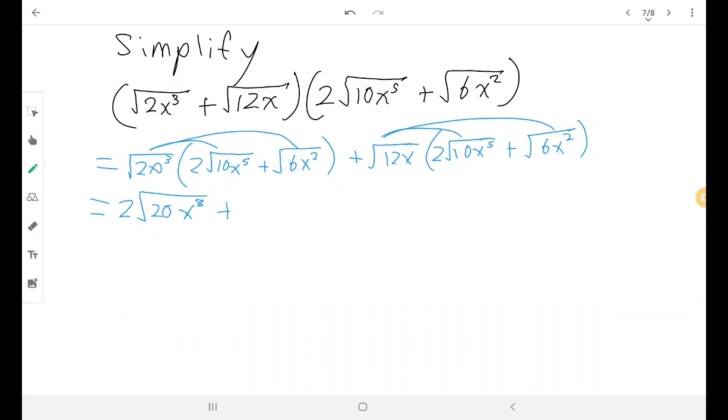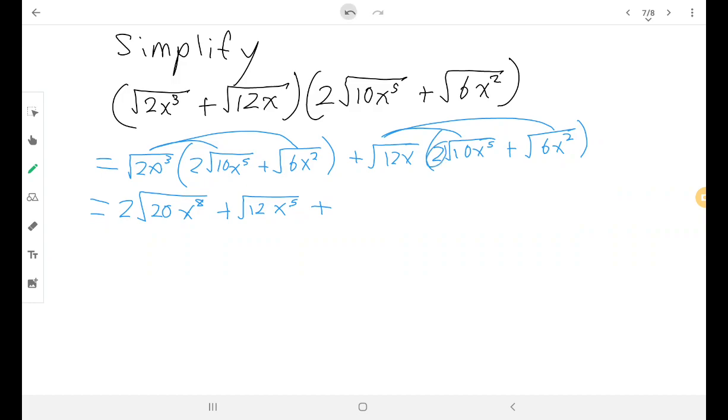Plus the square root of 2 times 6 is 12, and x to the 3rd times x to the 2nd is x to the 3 plus 2, or x to the 5th. So there's that part.